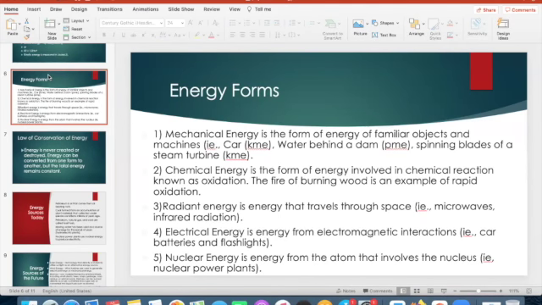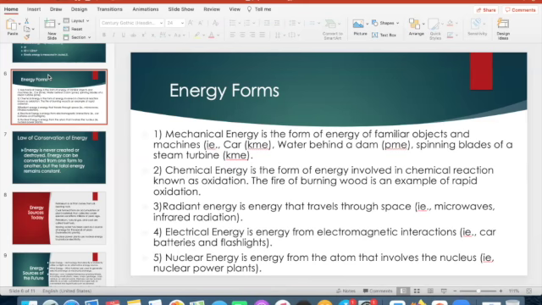So your mechanical energy, all right, so these are familiar objects and machines that we see in everyday life, like cars, water behind dams, the spinning blades of a steam turbine. All right, so that's mechanical energy. Chemical energy involves the chemical reaction known as oxidation.